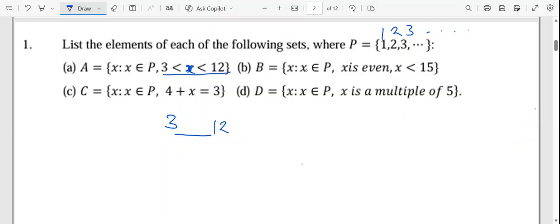So all the natural numbers, we are supposed to have 4, 5, 6, 7, 8, 9, 10, then 11, then 12. These are the set of natural numbers, and they are values of x.